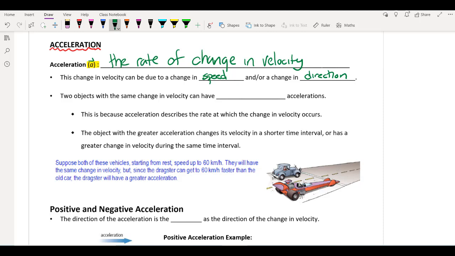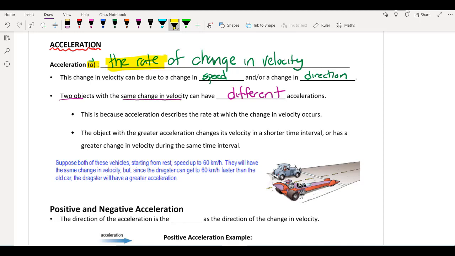Now, something to be careful about is that two objects with the same change in velocity can have different accelerations. You may be wondering, why is that? Acceleration is not simply change in velocity, but the rate of change in velocity.